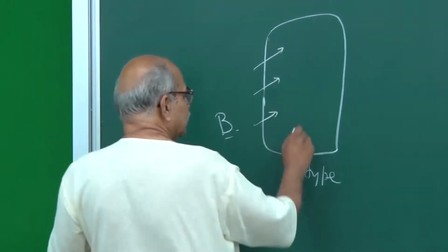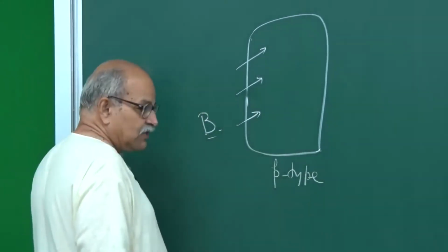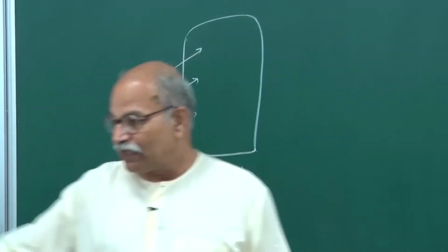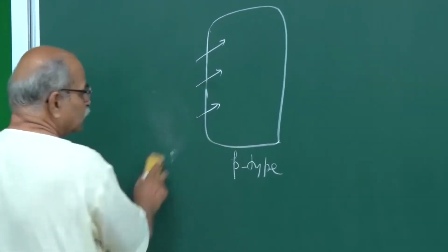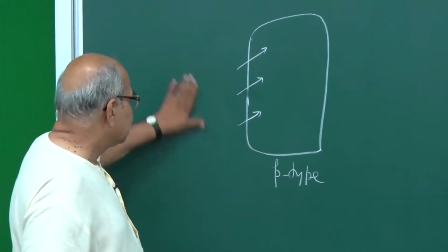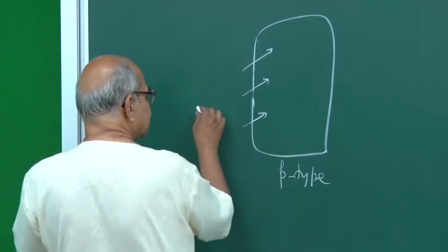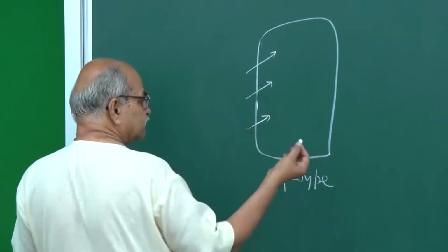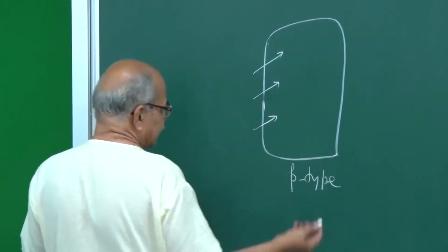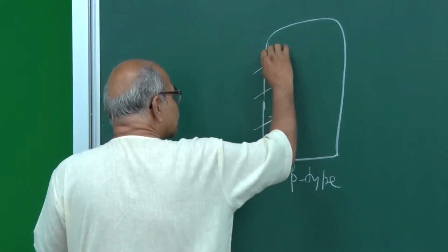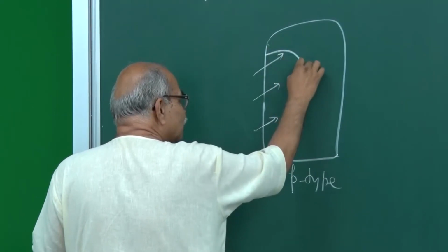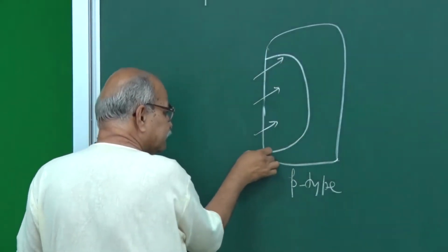So, this whole thing becomes p-type, and once this whole thing becomes p-type, after that, in a very controlled fashion, you diffuse n-type, and for that some pentavalent impurities like arsenic or antimony. So, that is now diffused in a much more controlled manner, so that it goes only up to some depth.